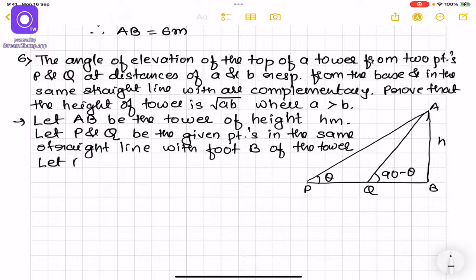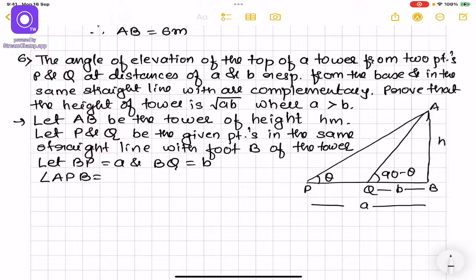Let BP equal to A and BQ equal to B. Angle APB equal to theta and angle AQB will be equal to 90 minus theta, complementary.